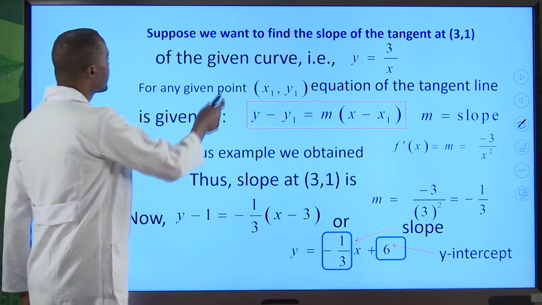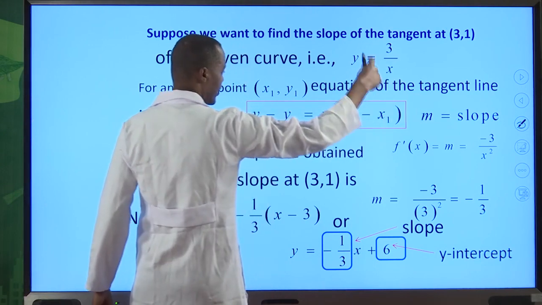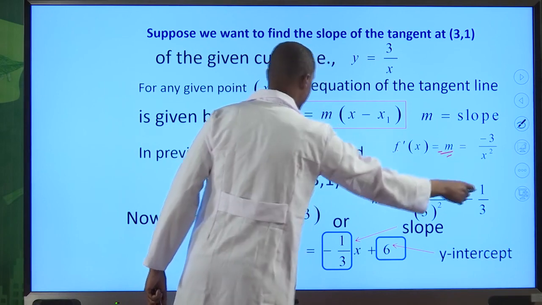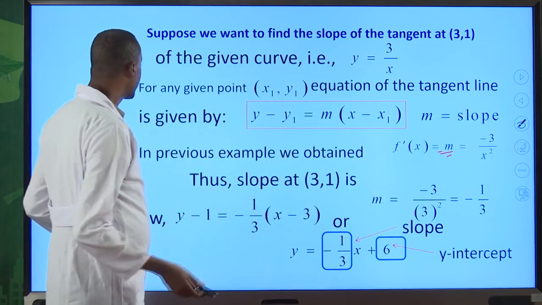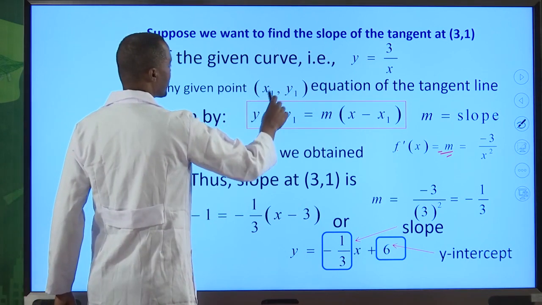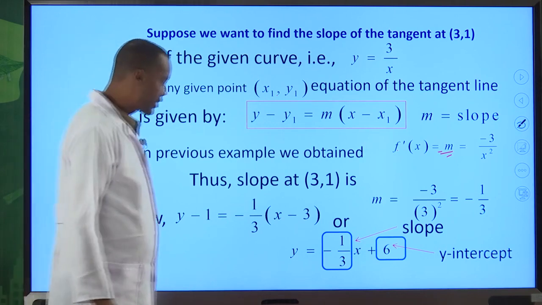So we already got the derivative of y is equal to 3 over x, and consequently its slope is minus 3 over x squared. Assume that you are given a certain point P, with coordinates x1 and y1, and you want to find the equation of the tangent line.